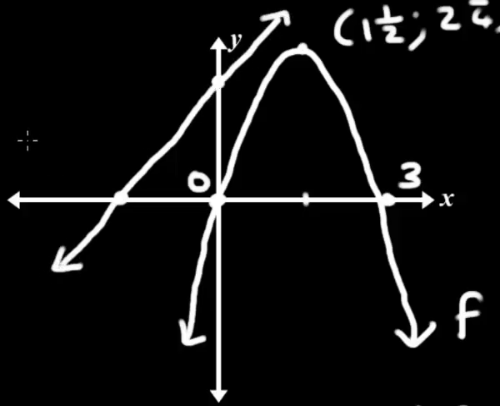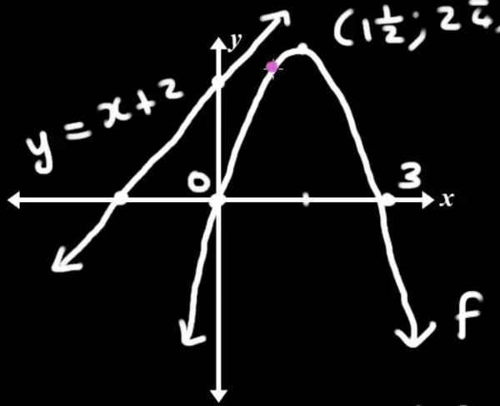Now, the line y equals x plus 2 is not cutting the parabola at all. But if you think about it carefully, we want to find the equation of the tangent to the parabola which is parallel to this line.